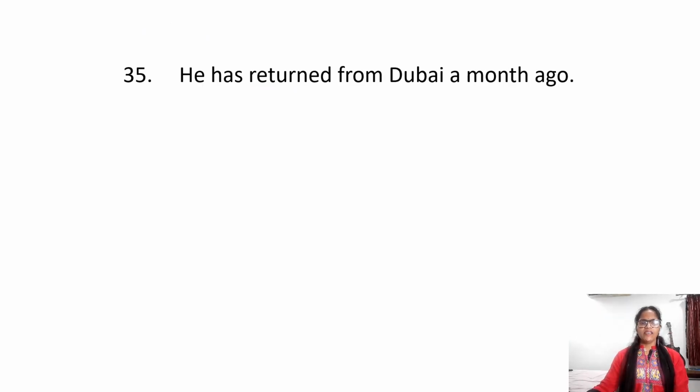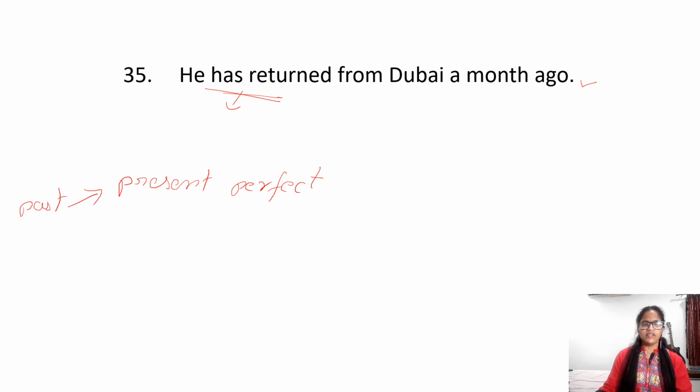Next sentence, he has returned from Dubai a month ago. Okay, the sentence is in present perfect tense. To talk about a past action, we use either present perfect or simple past. Both present perfect tense and simple past tense are used to talk about past action. So which tense needs to be used to talk about which past action? When the time of action is not mentioned, we should use present perfect.